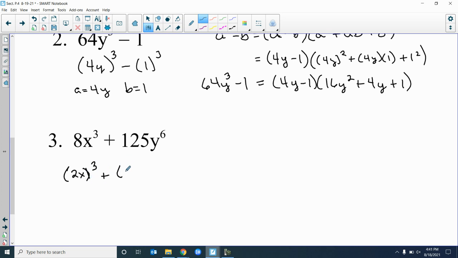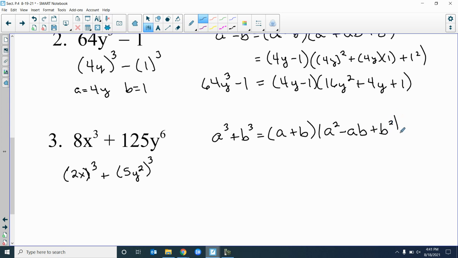Plus, what cubed gives me 125y to the 6th? It will be 5y squared to the third power. This is now the form a cubed plus b cubed, which we know factors into a plus b times a squared minus ab plus b squared.